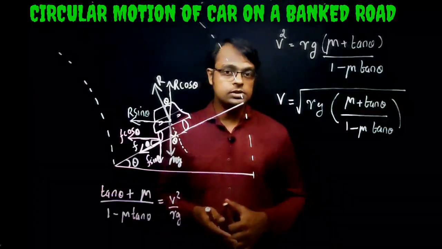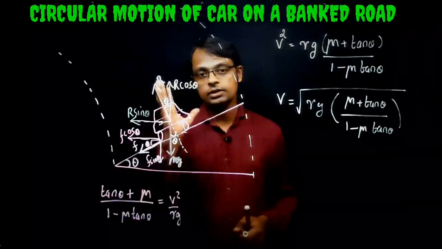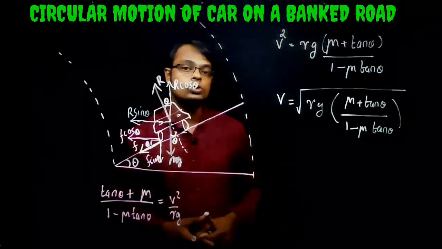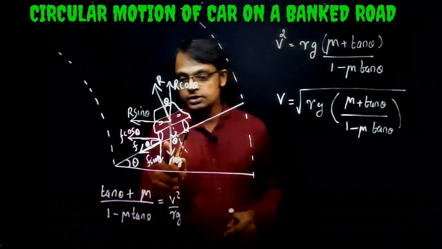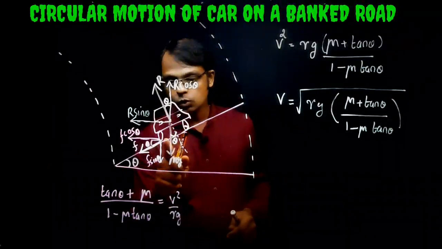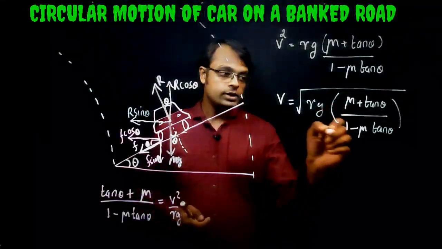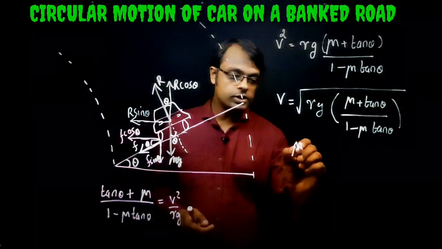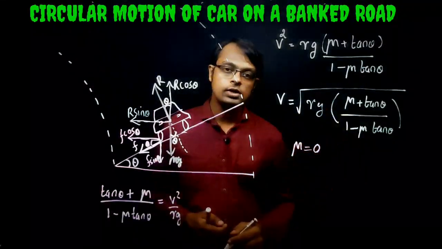So here what we represent is the speed with which the car is negotiating the curve on a banked road. Now just imagine there is no friction acting between this road and the tires. In that case, the coefficient of friction is equal to 0.